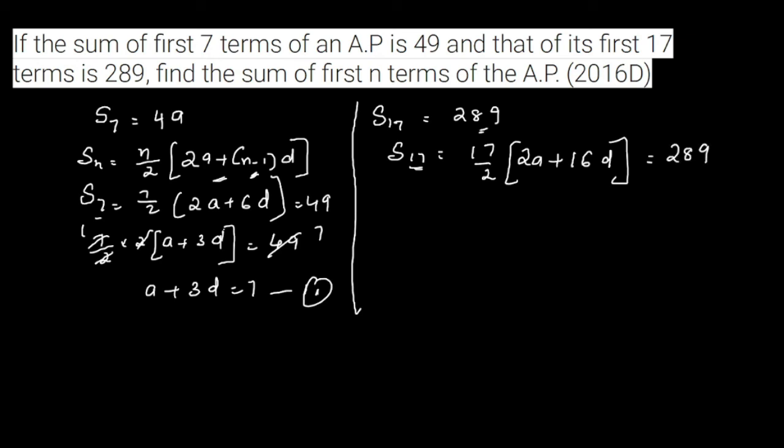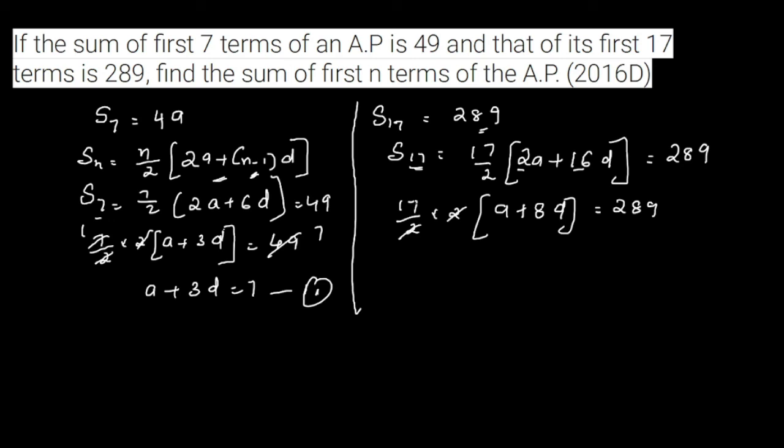So 17 by 2 into 2a plus 16d. 2 and 16 both are divisible by 2, so we can take 2 outside the bracket. Inside the bracket we will get a plus 8d, since 8 2s are 16, is equal to 289, right? So 2 and 2 get cancelled.